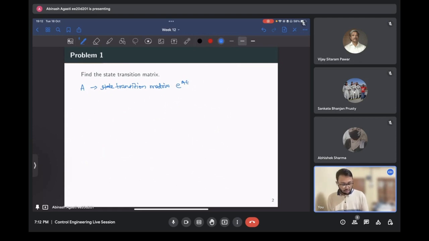Right. So I think we saw something of this kind in the last class, where we discussed why we go for diagonalization, because it helps us in finding this exponential of the matrix, right? Because e to the power of any A is given by this infinite series.